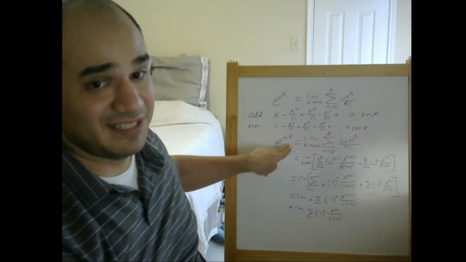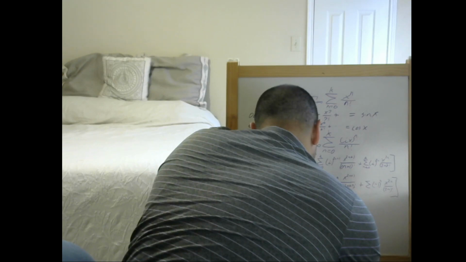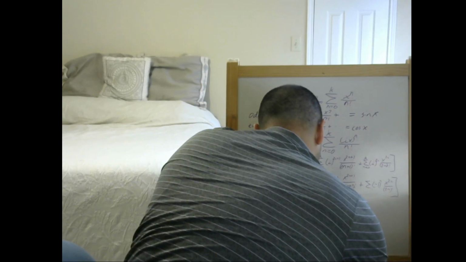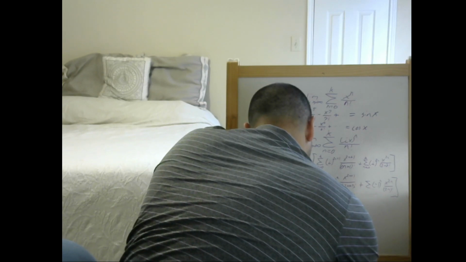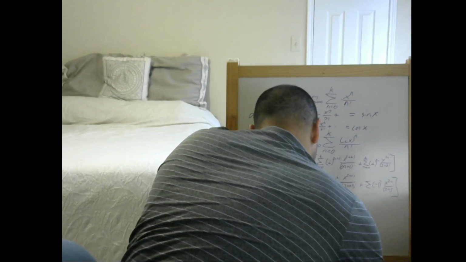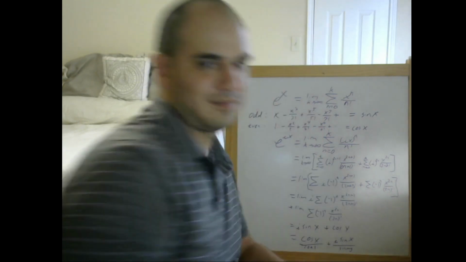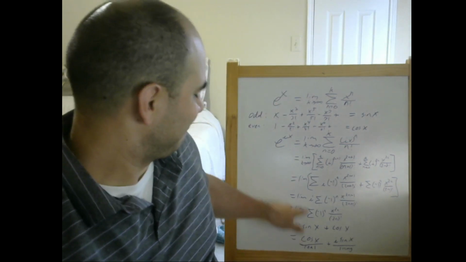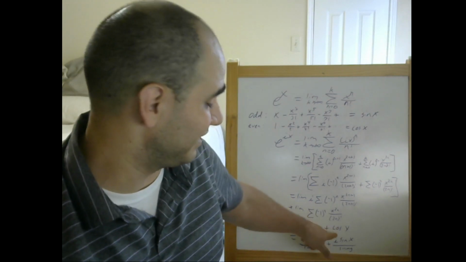So that this is, in fact, the odd series is i times sine of x, and the even series is cosine of x.